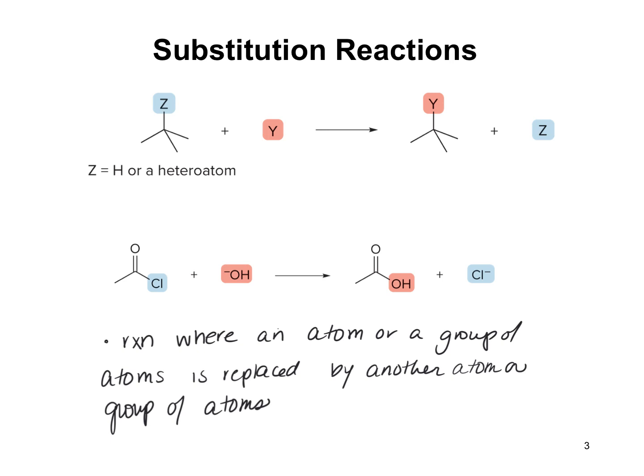That's it. Now, substitution reactions often involve sigma bonds. We have one sigma bond that breaks, and one sigma bond that forms at the same carbon atom.